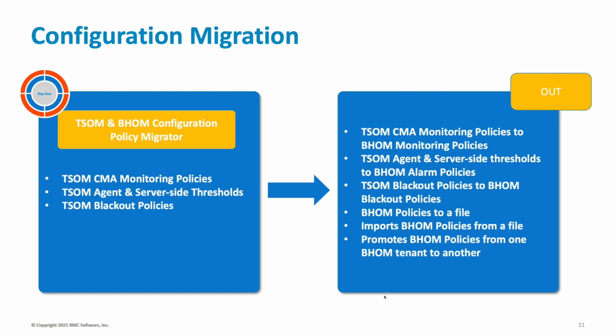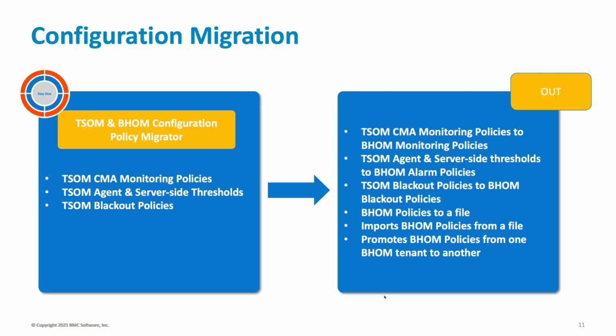So it's a day one utility, but it's also a day two utility. Day one saying, okay, we're doing the migration. Day two, we're running in production, since it provides functionality to promote this type of configuration from one BHOM system to the other.